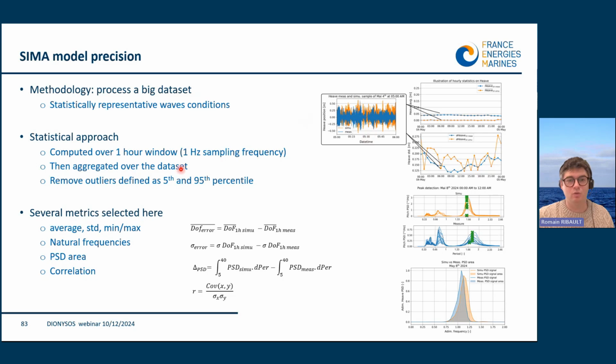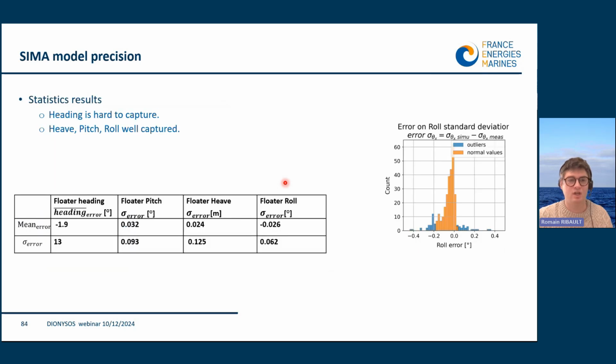When we want to get an idea of the accuracy of the model, we remove the outliers, below the 5th and above the 95th percentile. But we'll see later that this is where we also get some interesting information.